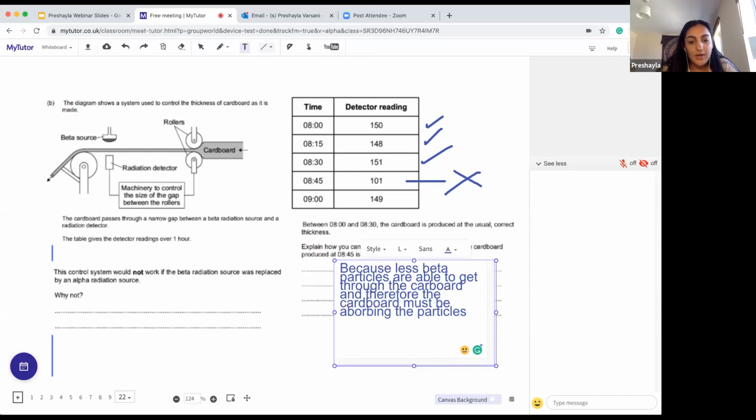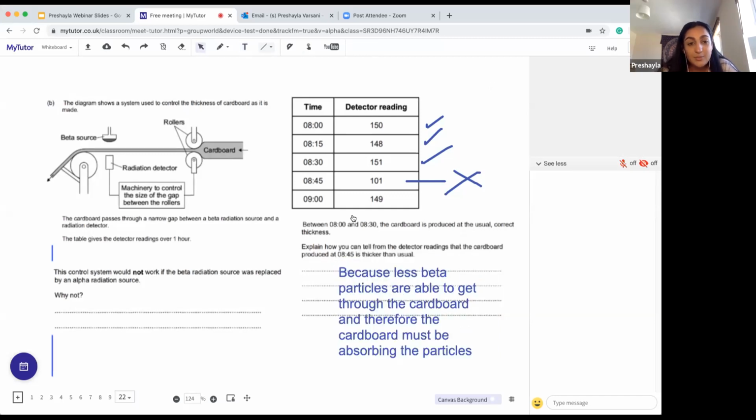So we know that the reading suddenly drops, and because we aren't getting enough beta particles through, those beta particles must be absorbed by the cardboard. So we know that the cardboard is too thick and it needs to be re-rolled.